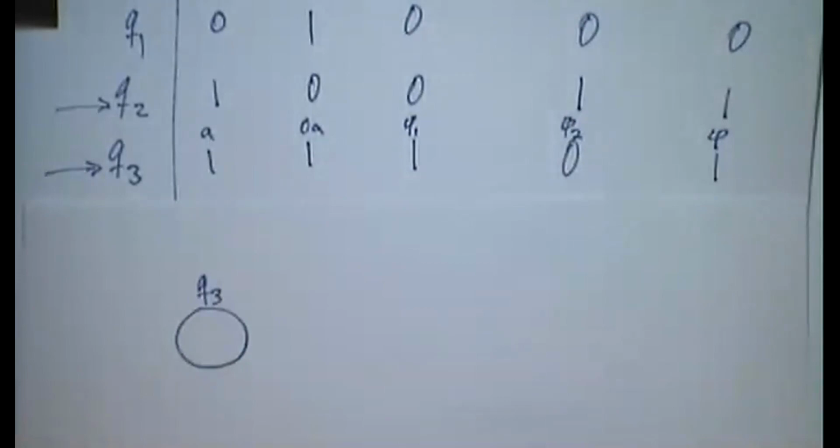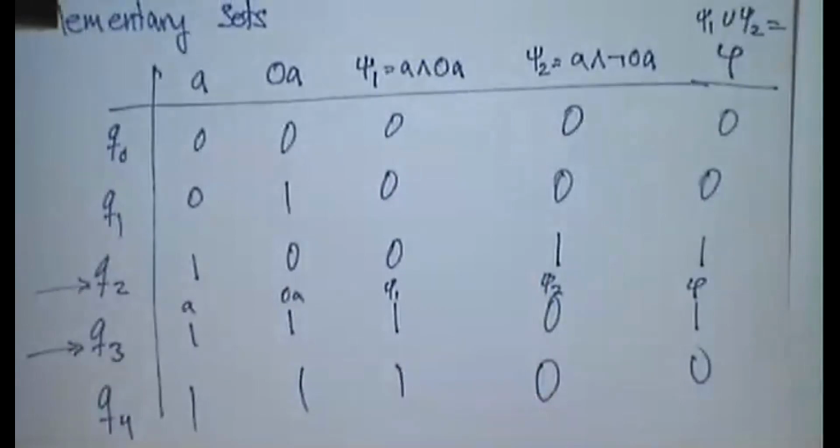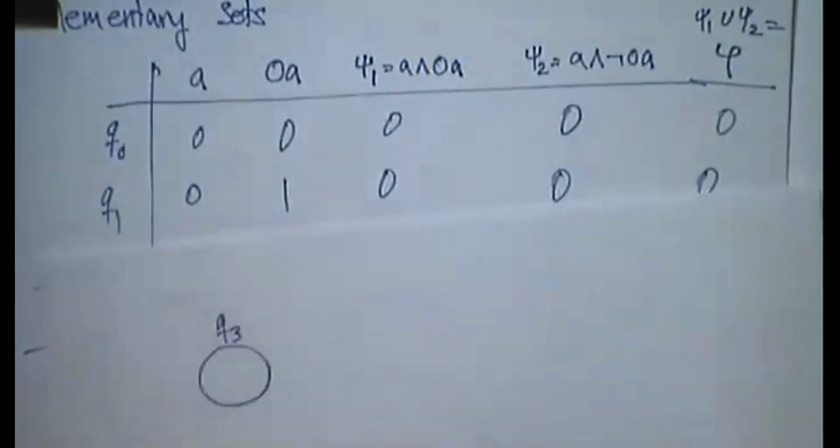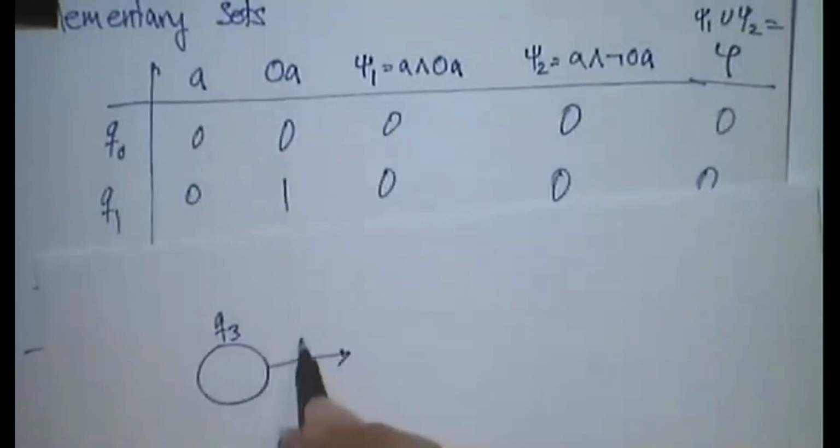Okay, so if I'm in Q3, what do I know? I know that I should satisfy A. So the only letter that I can read to go out of Q3 is A. So I cannot have anything going out of Q3 with any label other than A. Okay, so from Q3, I can only go out with the label A. But where can I go to?